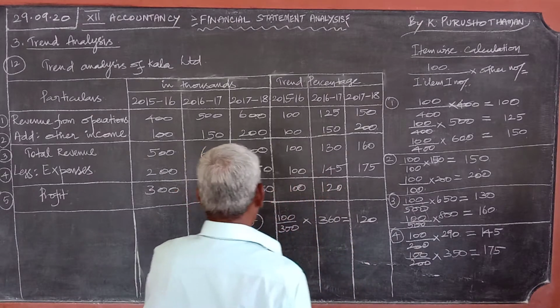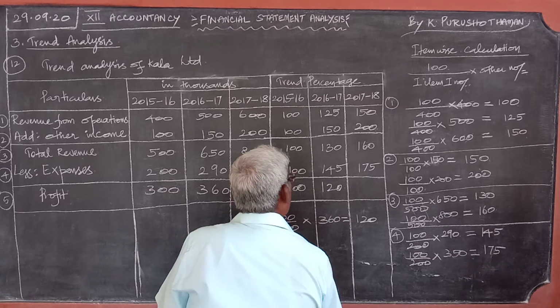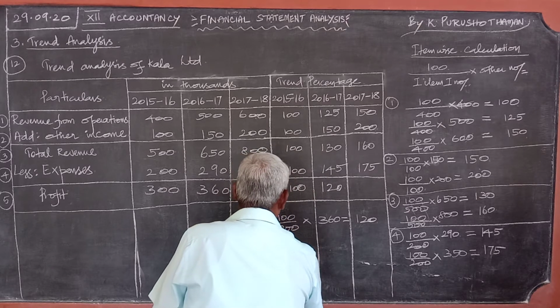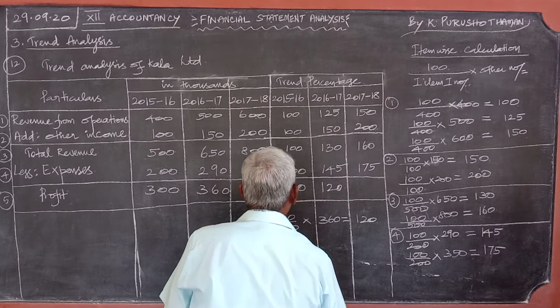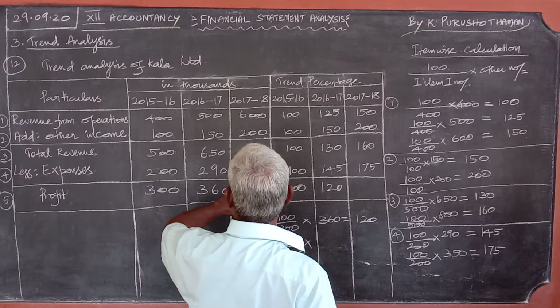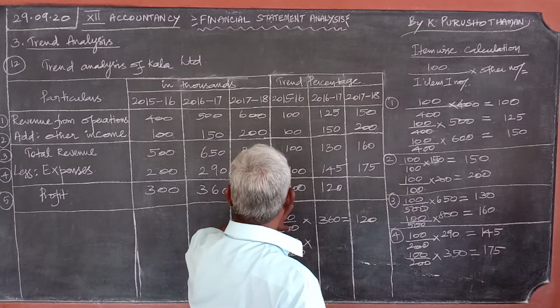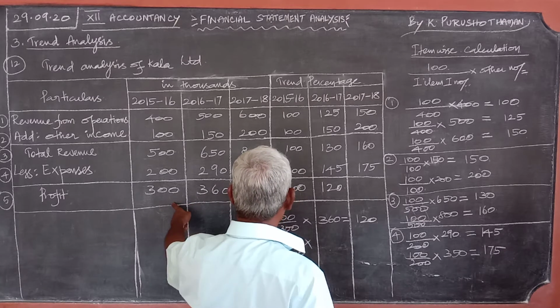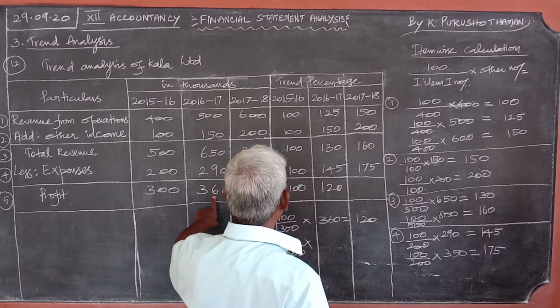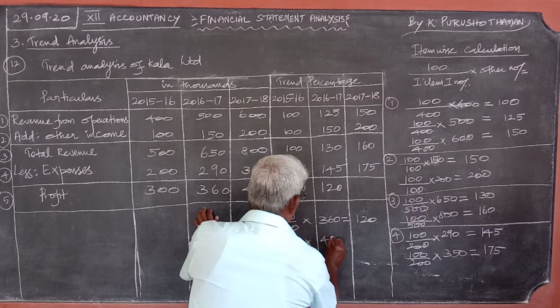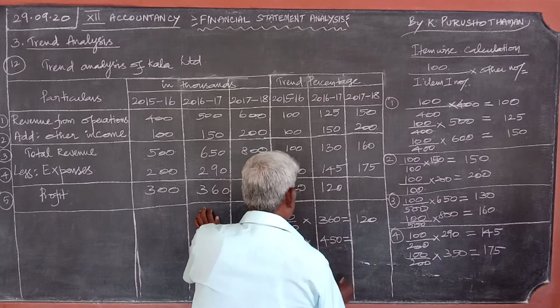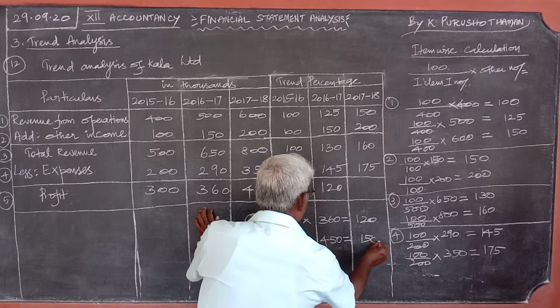And the next, the same: 100 by the first number, 300, then we have taken 360, then it is 450. This is equal to 150.